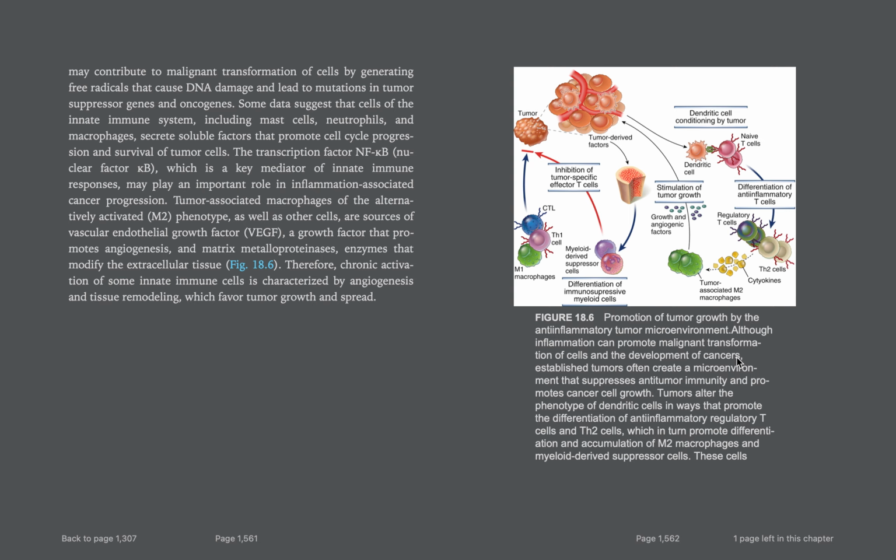Tumor-associated macrophages of the alternatively activated M2 phenotype, as well as other cells, are a source of vascular endothelial growth factor, a growth factor that promotes angiogenesis, and matrix metalloproteinase enzymes that modify extracellular tissue. Therefore, chronic activation of some innate immune cells is characterized by angiogenesis and tissue remodeling, which favor tumor growth and spread.